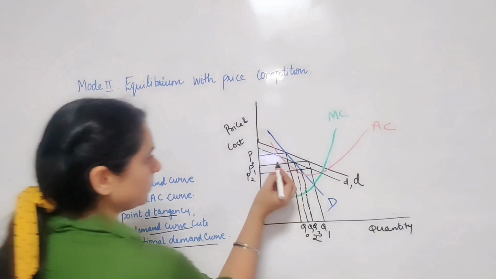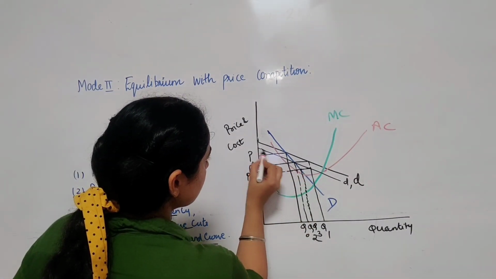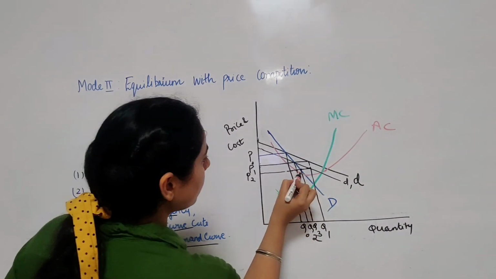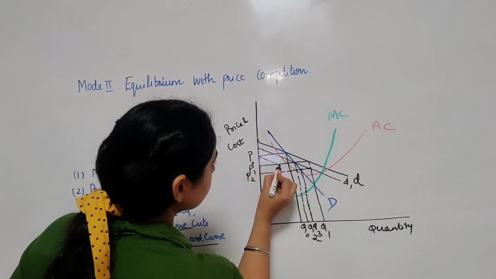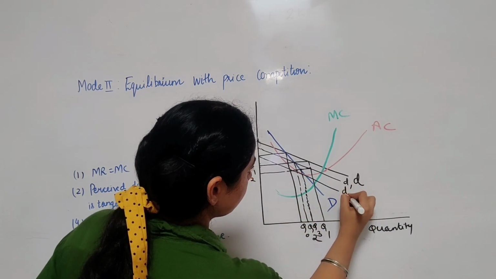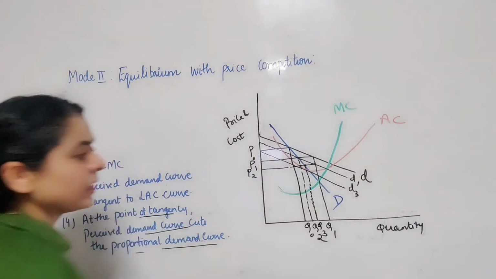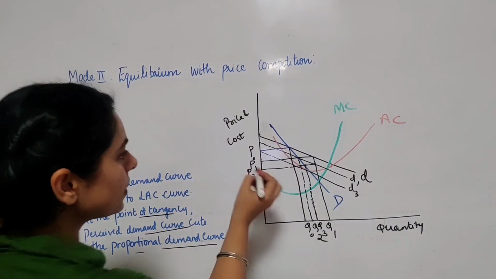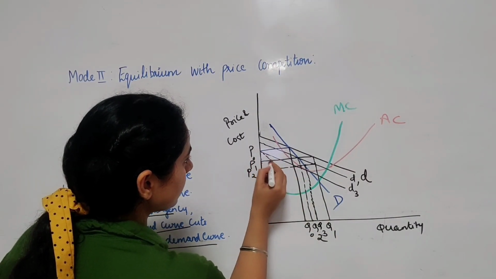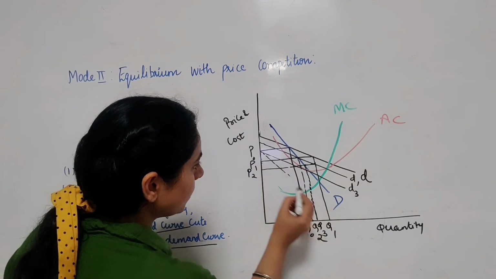As a result, the perceived demand of the firm will fall further to D3. Let's draw the corresponding marginal revenue of the firm here in order to determine the equilibrium of the firm.